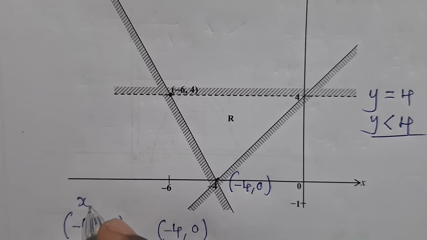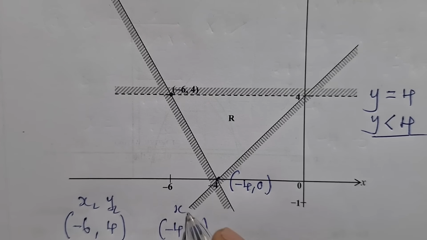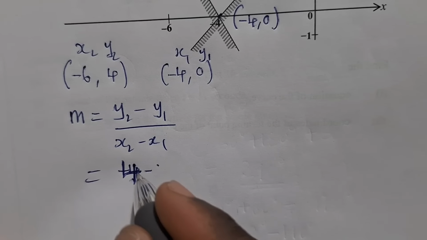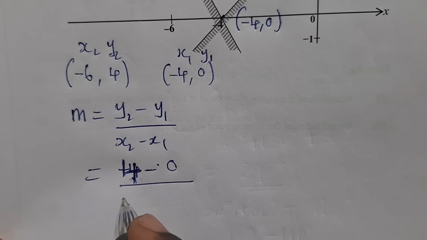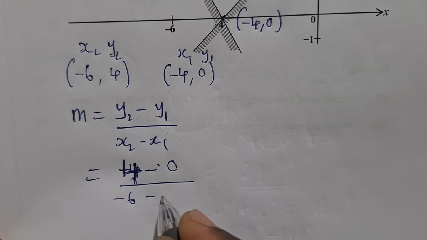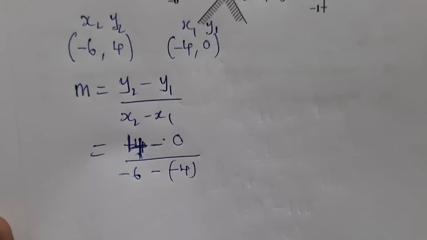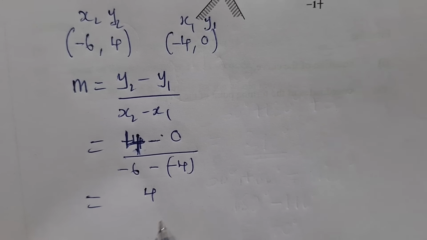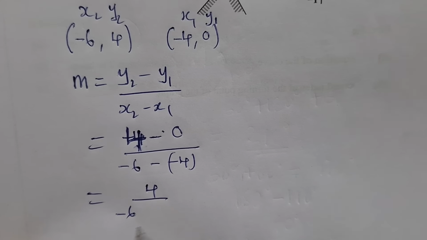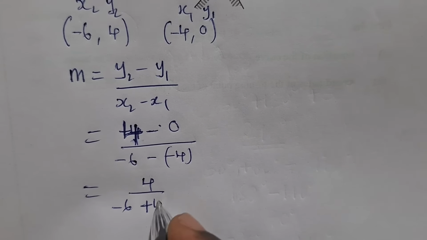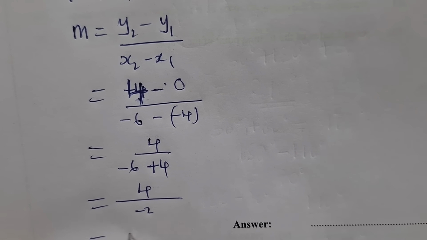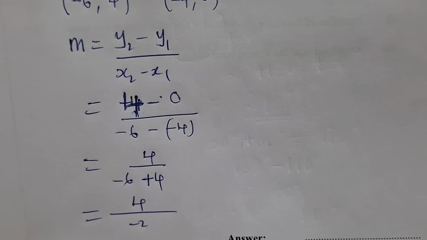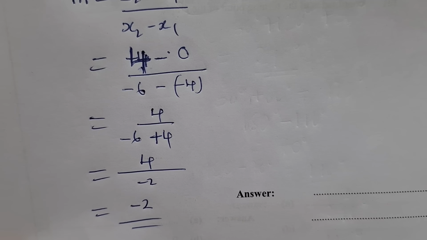So this is x2, y2, x1, y1. So it's 4 minus 0 over negative 6 minus negative 4. So we simplify, we are getting 4 over negative 6 plus 4, which is equal to 4 over negative 2. So this is negative 2. So our m is equal to negative 2.